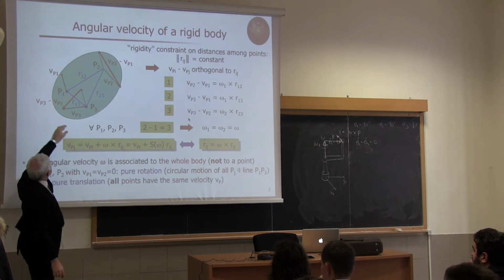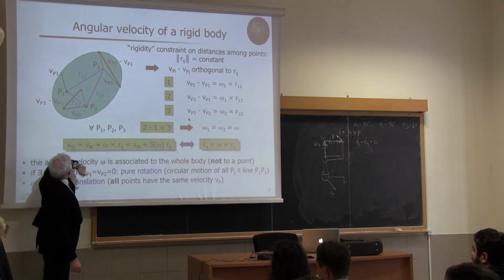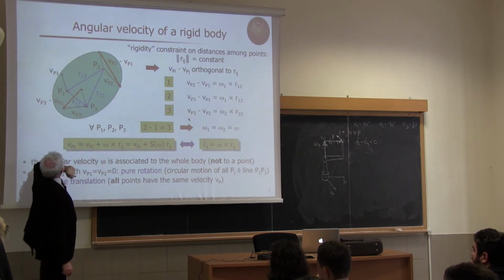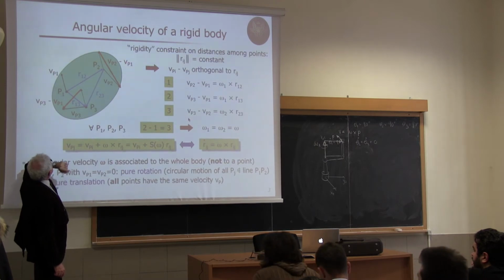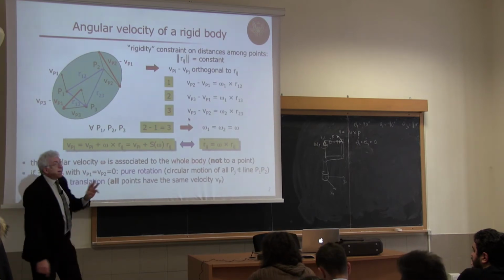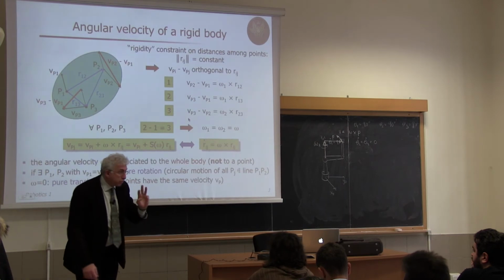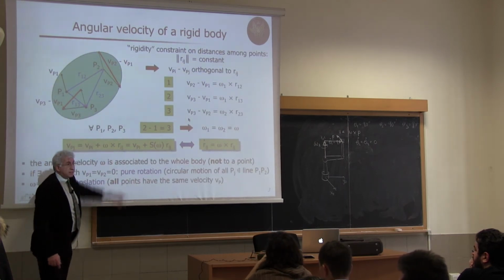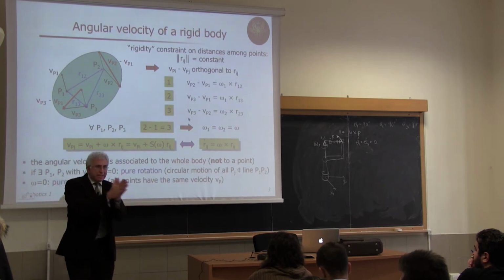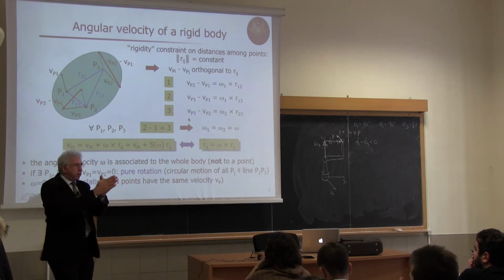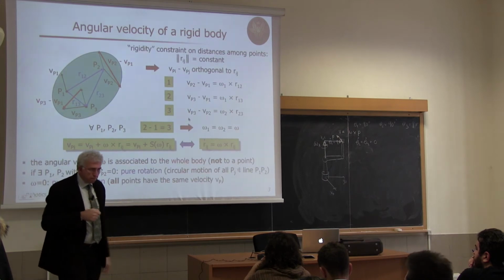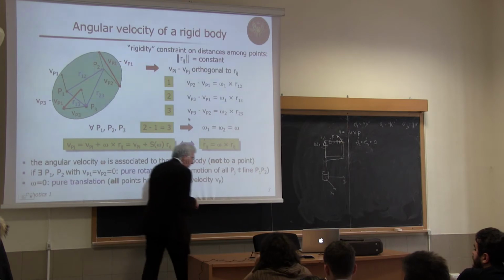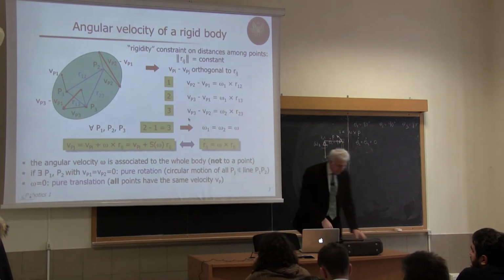For instance, here this point P3 has some velocity Vp3 and this point P1 has some velocity Vp1. If I compute the relative velocity of the two, this should be orthogonal to this distance, so that the segment P1, P3 can move around but cannot extend. Okay? This is behind this very simple slide, but a very significant one.